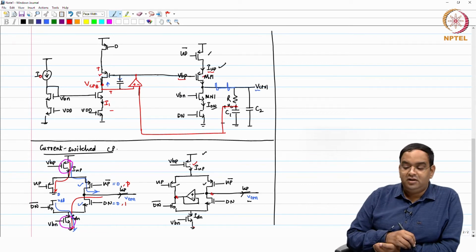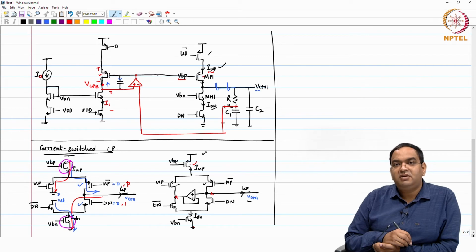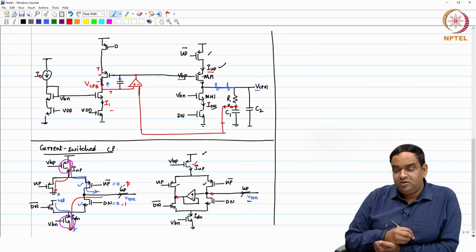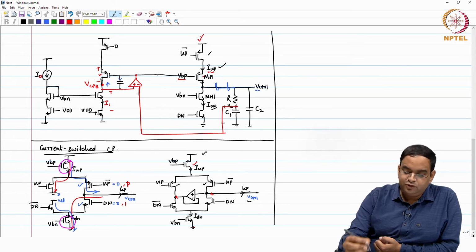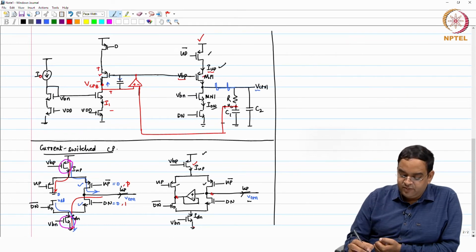But what happens here is, in this kind of charge pump, you are consuming the current always. Okay. So, if you are trying to minimize the power consumption in the PLL, and charge pump current has a significant value, then using source switched charge pump is a less power hungry design as compared to current switched charge pump. Okay.